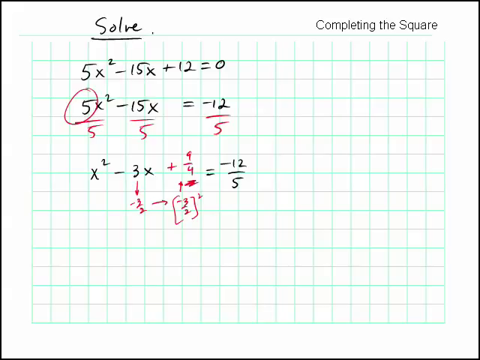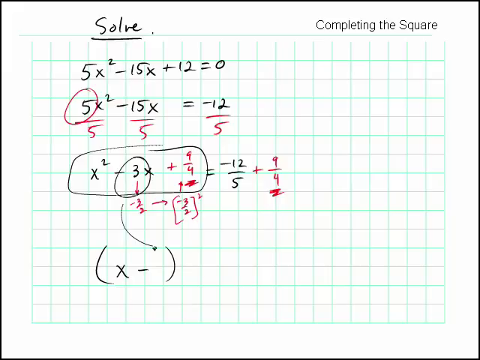And so 9/4 is what I have to add to both sides of the equation. The left side does factor to a perfect square, x minus, and remember that this number here is always just half of this, so that's x minus 3 over 2 squared. If you were to FOIL this left side out, you would get this back.